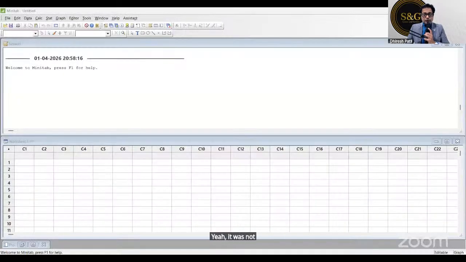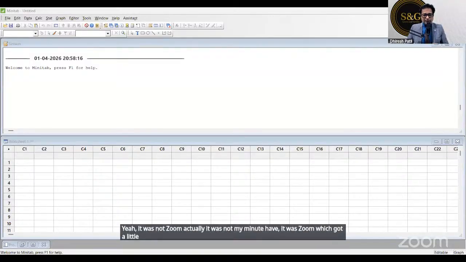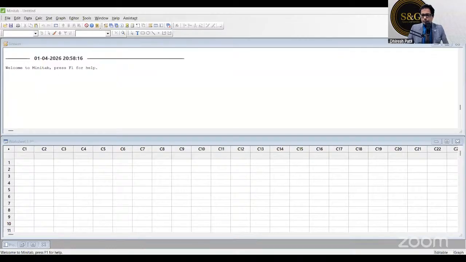Yeah, it was not Zoom. Actually, it was not my Minitab. It was Zoom, which got a little hanged, I believe. Open. Yeah. I'm just waiting for my sheet to open. Just a second. Just give me a second.